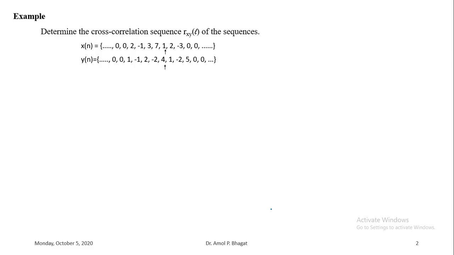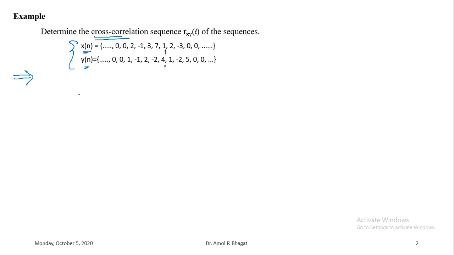Okay, so here is the example. In this example, two discrete time signals are given, that is x of n and y of n. We have to identify the cross correlation of these two sequences.